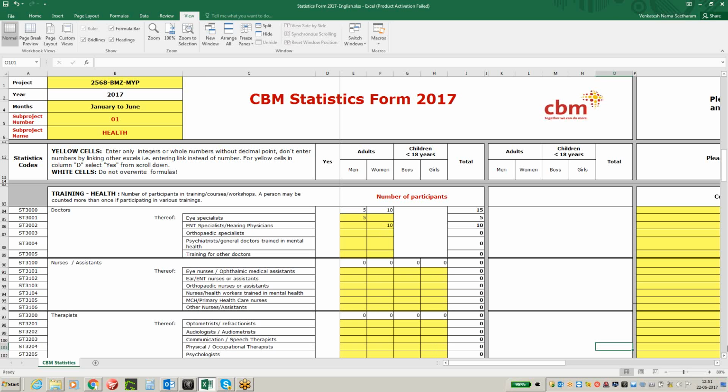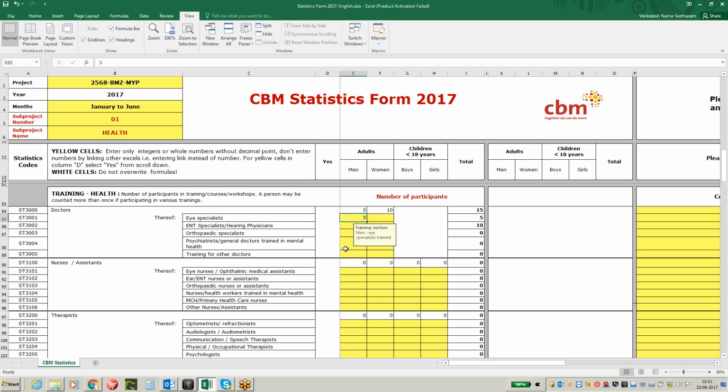A question, in regards to the training. I'm just wondering what happens if you have a long-term training where you're training doctors for a period of more than 3 to 4 years. Let's say in 2017 you're planning to train 10 doctors, the same doctors.